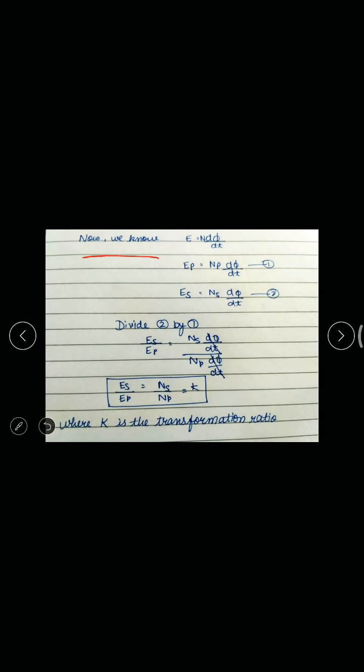Now we know that E is equal to d phi by dt, but here N is also there, means the number of turns is also a factor on which the electromotive force induced will depend. Here we have taken EP and ES, which are the electromotive force of primary and secondary winding respectively, and NP and NS are the number of turns in primary and secondary winding.